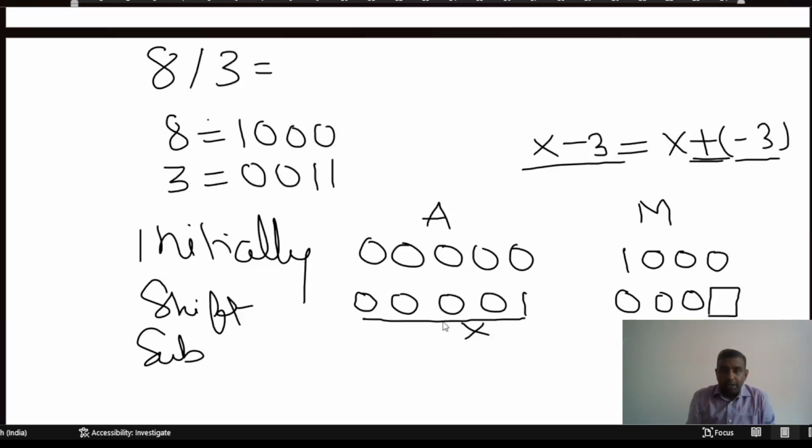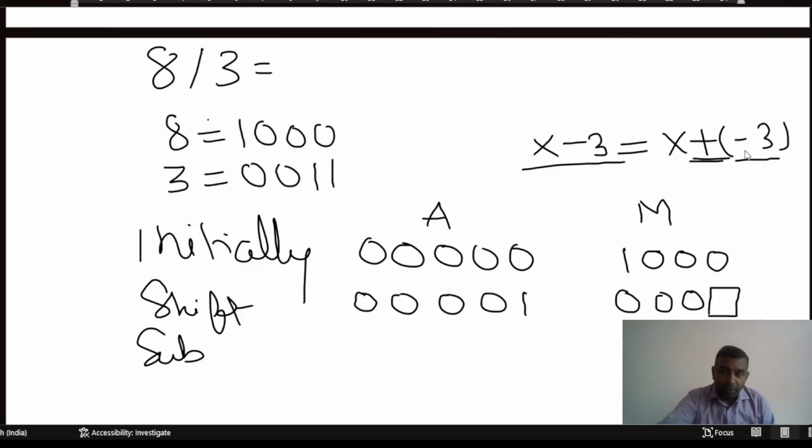So whatever we get from the shift operation, we need to perform addition with minus 3. Okay, with minus 3. Why minus 3?